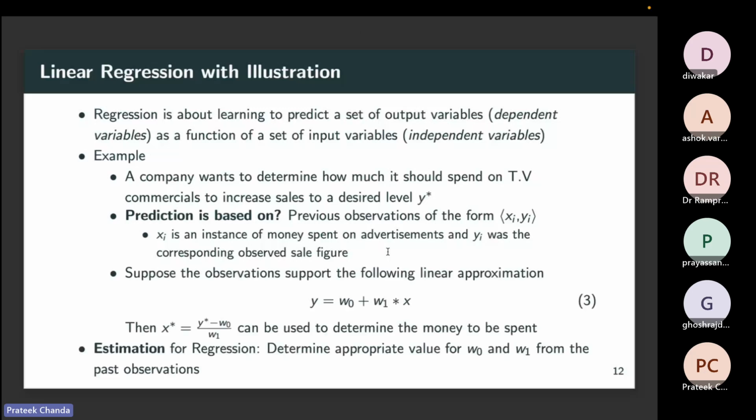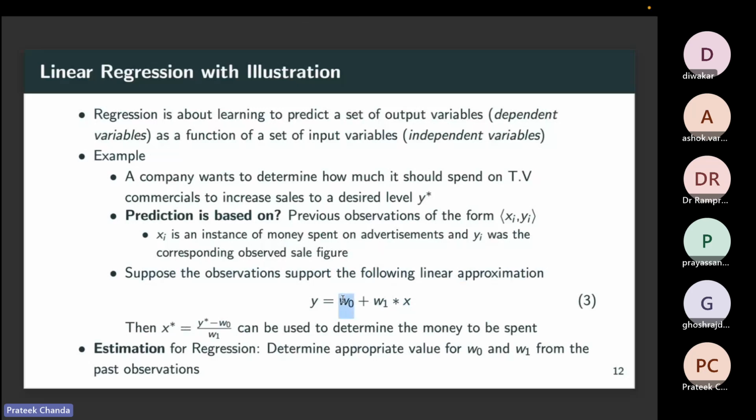I'm showing this for a one-dimensional input feature, because my x is basically a cost, a real value of money, like $100, $200, something like this. My w1 is a weight variable, and w0 is an extra bias, sort of, that you add.